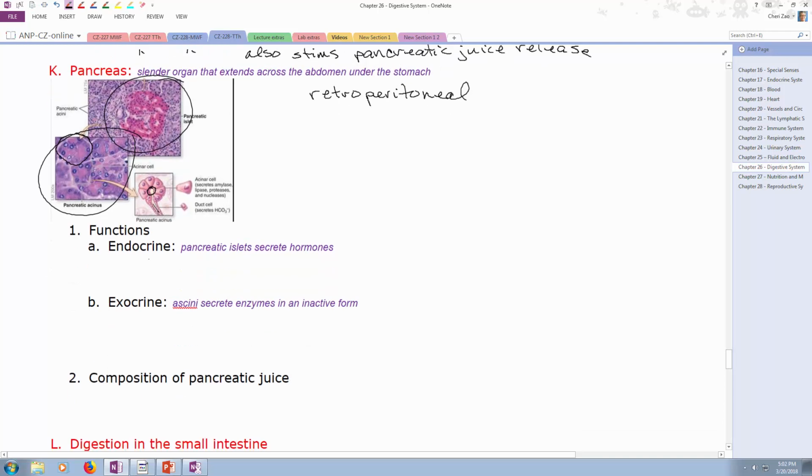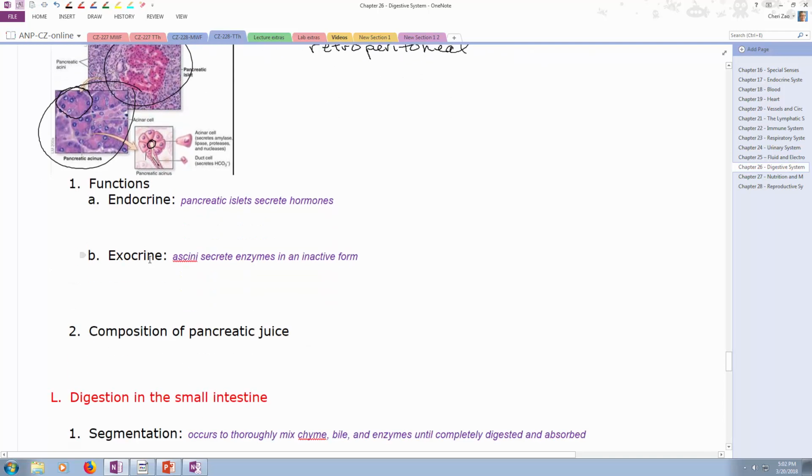As far as the functions, we've already discussed the endocrine function of the pancreas. The pancreatic islets secrete the hormones into the bloodstream. That's what endocrine is all about. Everybody remembers insulin as one of the hormones from the pancreatic islets. What's the other hormone from the pancreatic islets? Glucagon.